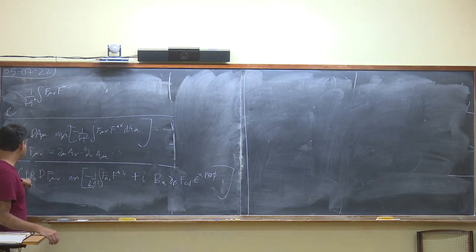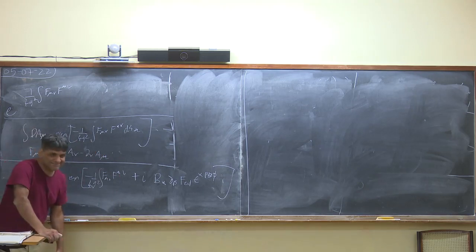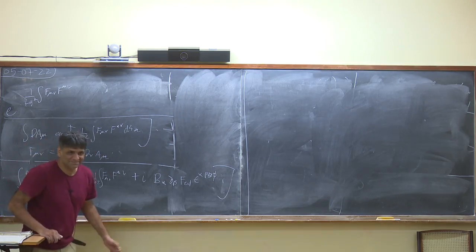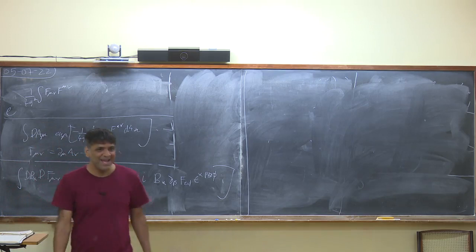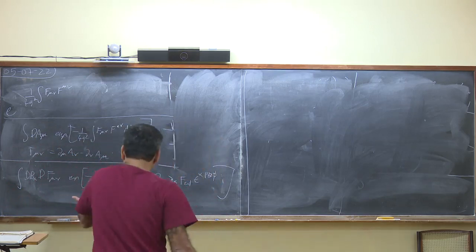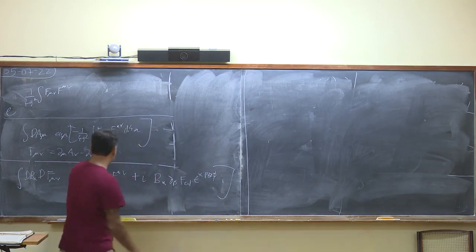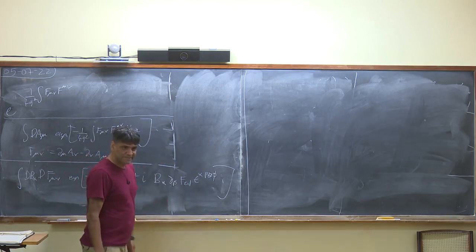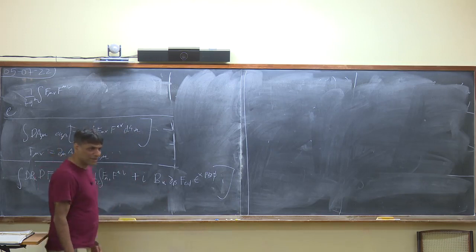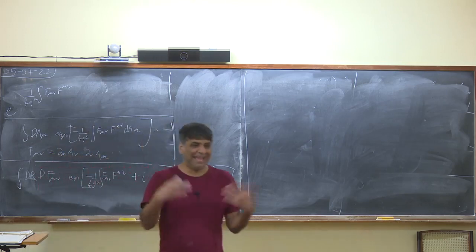So if we integrate out B, we get back the theory we wanted. Or really we get back the more precise version of the theory we wanted. On the other hand, if we integrate out f, remember f here is just some field. It appears quadratically. So we can integrate it out.